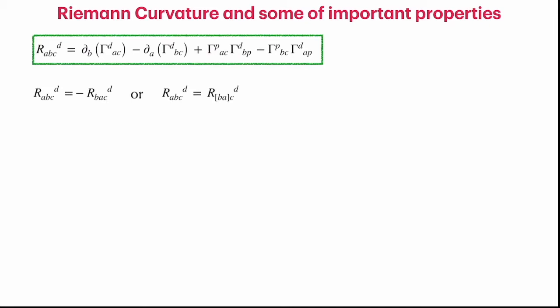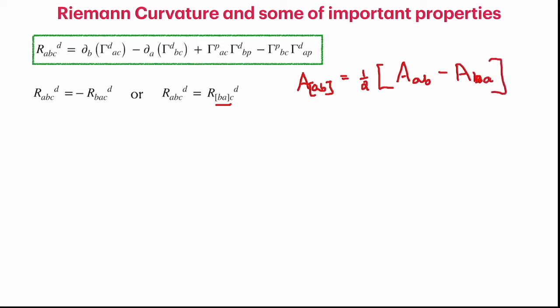So we know some of the symmetry properties of the Riemann tensor. It is anti-symmetric in the first 2 indices. Anti-symmetry is denoted by a square bracket. That is, if you have a second rank tensor A_B, then the square bracket indices [AB] implies that we have half into A_B minus A_BA.